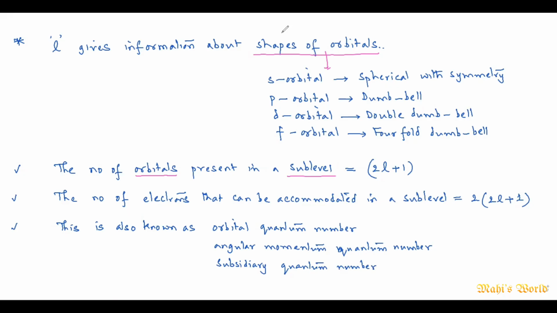So these are the other names that can be given to azimuthal quantum number.